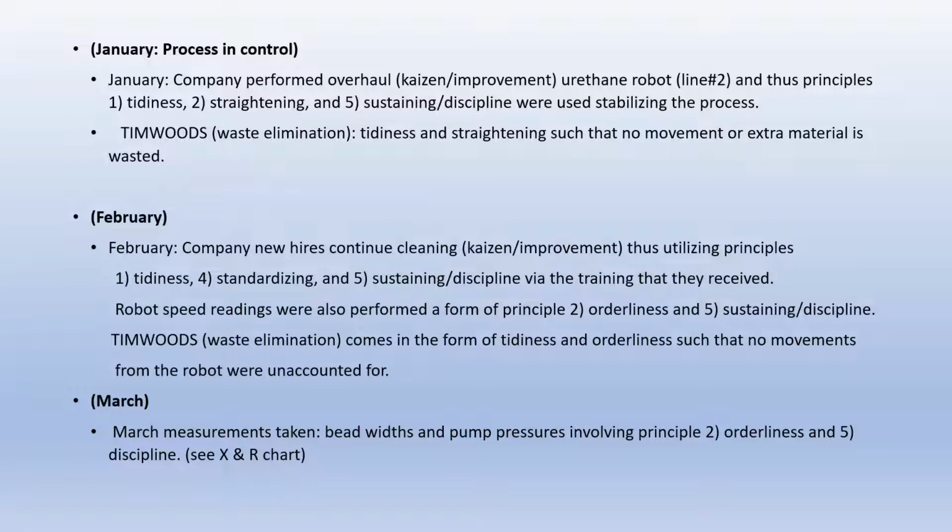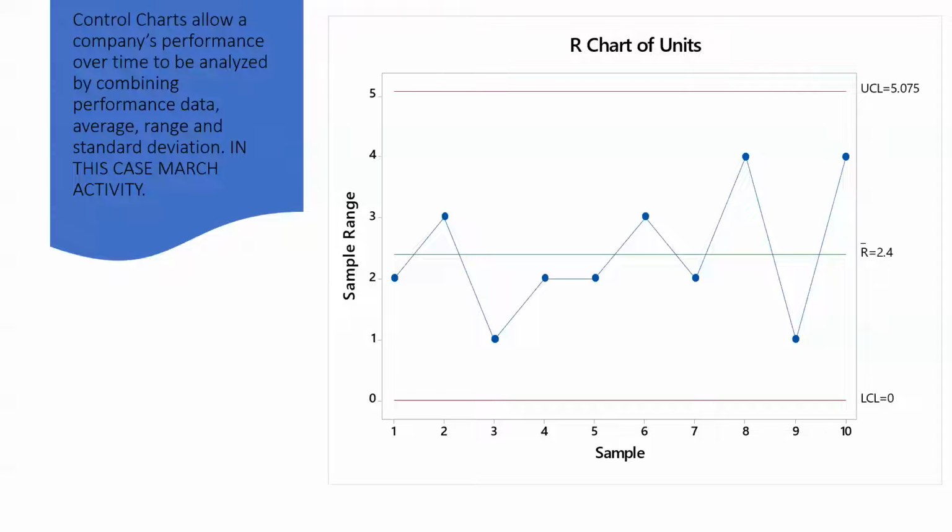TIM WOODS was also used here in terms of tidiness and orderliness, such that no movements from the robot were unaccounted for. That is becoming a very important thing, how the arms of the robot were programmed. In March, measurements were also taken, the bead widths and pump measures, involving principle 2, that is orderliness, and discipline. So we see these principles over and over again.